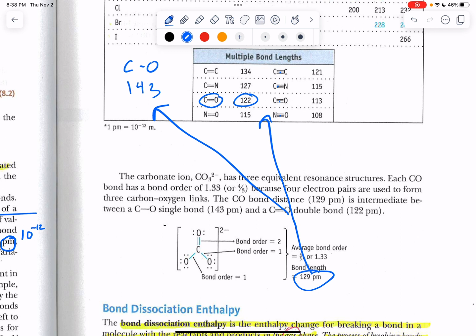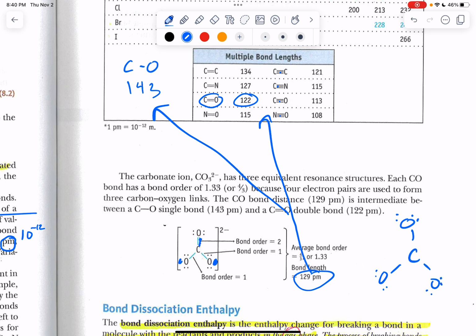And that's because, technically speaking, if I were to remove that double bond and get rid of a couple of those pairs of electrons so that my molecule looks like this, oxygen, oxygen, oxygen, 2 pairs, 2 pairs, and 2 pairs.